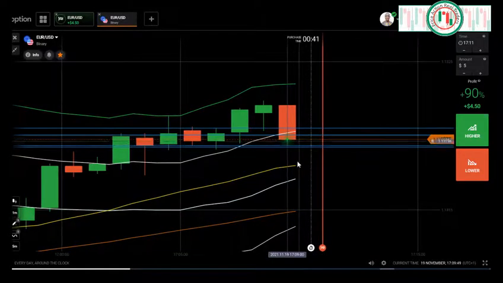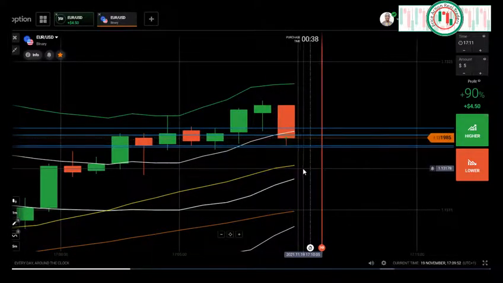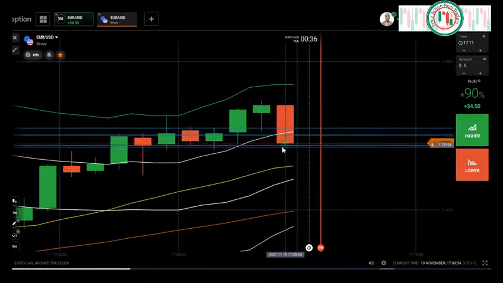And this candle is too strong, but here is strong area as well.